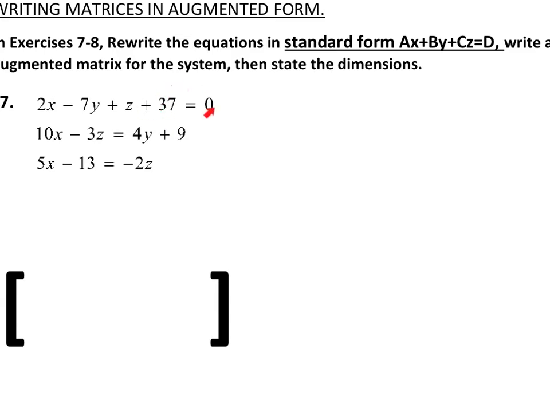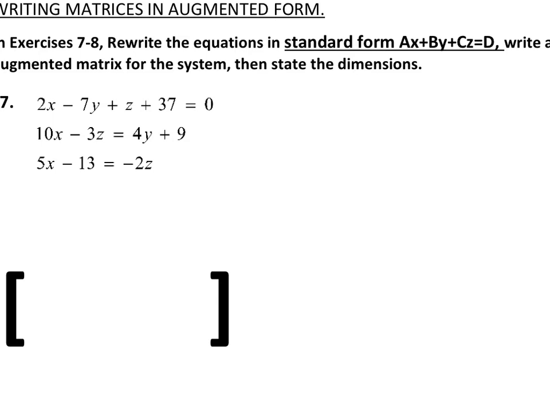Remember, that should be over here. And then like on the second one, the y is out of place. That should be over here. And then over here, we got a z out of place. We got a constant out of place. We need to fix this system before we write the matrix. So we're going to rewrite the equations in standard form where they go x, y, z number. And then we can do the matrix.